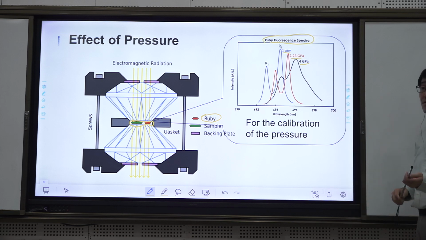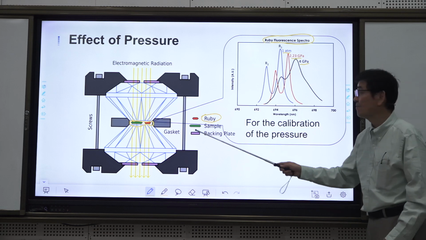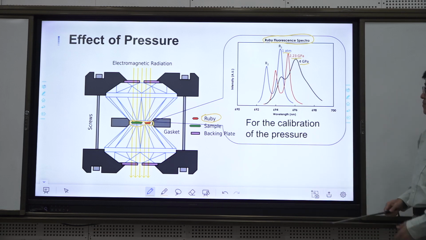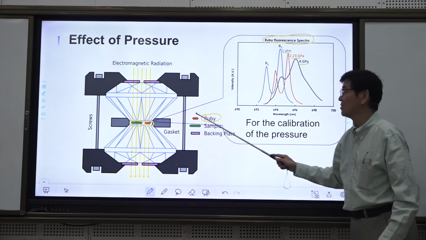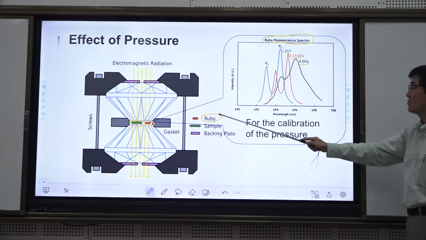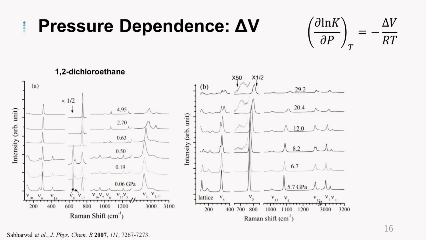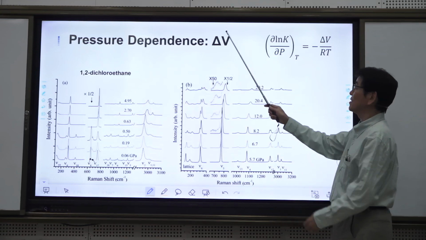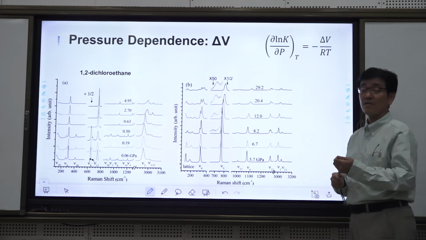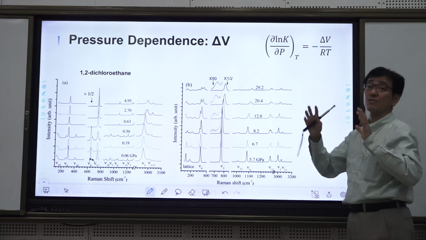So there is no way to put something else. Everything is broken. So this kind of solid is resistant to pressure. So ruby is a good reporter. And pressure dependence gives the information of the delta V. That is the difference of the molecular volume of the trans and gauche form.